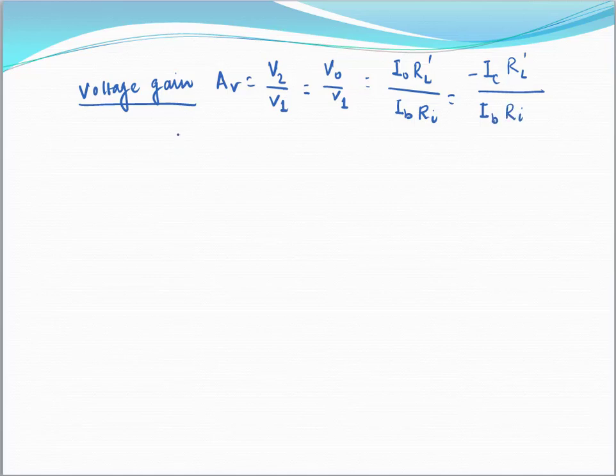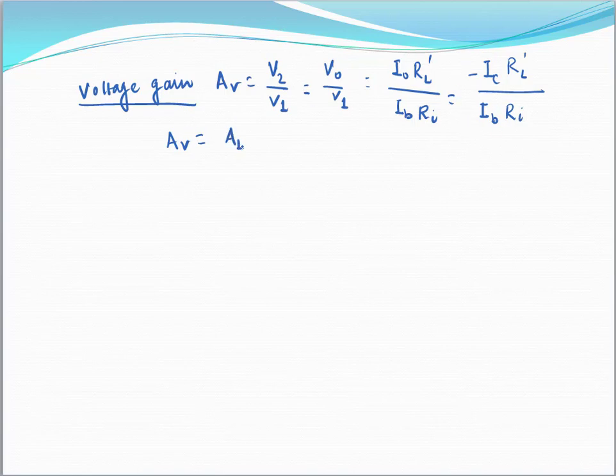So we got the value here, AV is equal to minus of IC by IB.